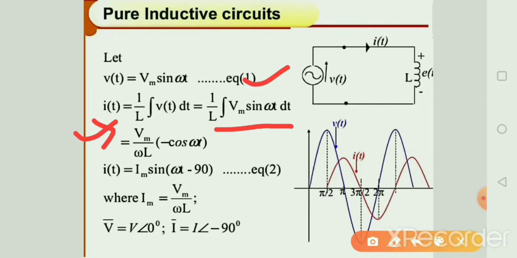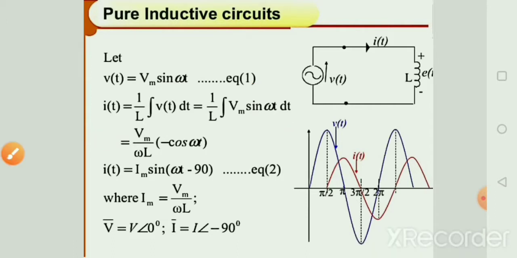So we integrate sin omega t with respect to t. The integration of sin omega t is minus cos omega t upon omega. So after calculating, we get Vm over omega L into minus cos omega t, and we can write minus cos omega t equals sin of omega t minus 90.